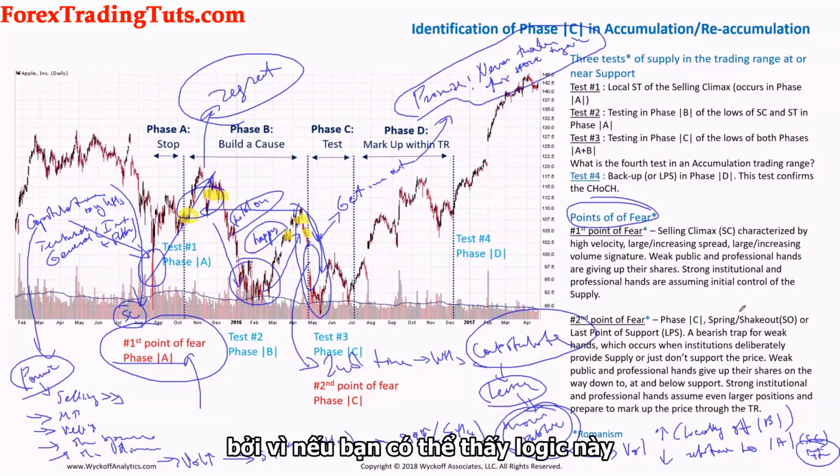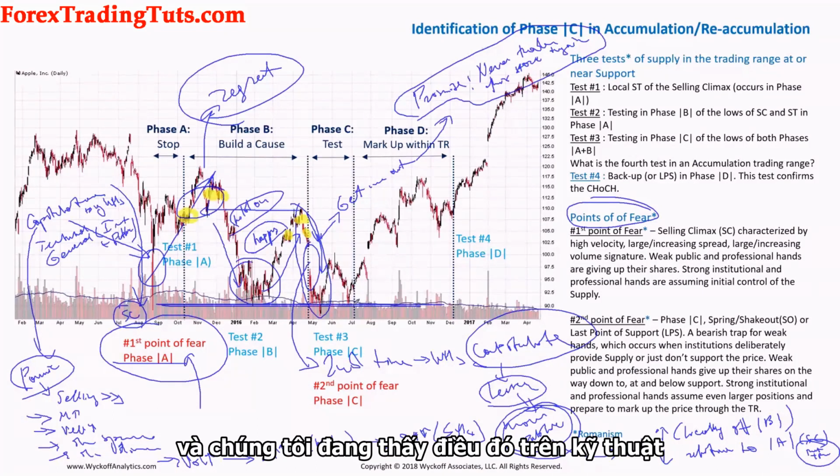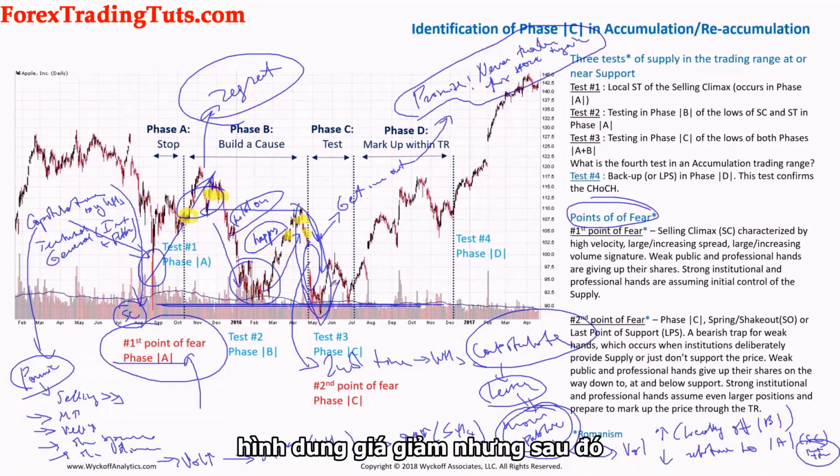Because if you could see this logic through the chart, and you could understand that with the public capitulating here going into phase C, we're seeing on the technical picture that the price goes down, but then quickly comes back. You might be thinking this is the last time the public capitulates, and the last time at the support level that institutions are actually buying a meaningful position, adding to the position they already had.